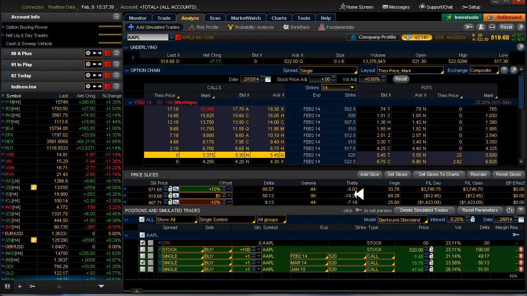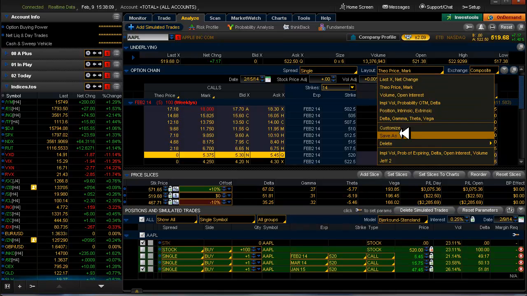Here we can see the theta is at 18.39, which is much better than the theta that we have for the weekly expiration of next Friday, which is 43.57. We could go out and take a look at a long-term option, which they typically call a LEAP. This is January of next year, and you can see here that it's losing 6.19 a day.